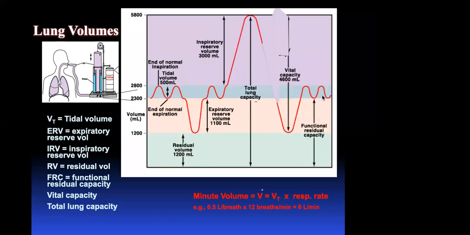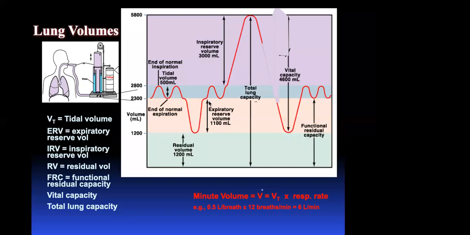Then we have functional residual capacity, the volume of air that exists within the lung during normal resting respiratory effort. Residual volume is something that cannot be removed from the lungs due to dynamic airway compression, about 1.2 liters, and the total lung capacity is about 5.8 to 6 liters.